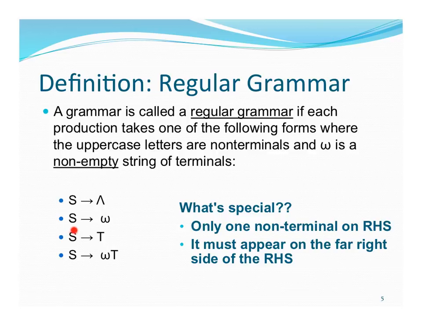We can have a non-terminal going to this omega, some non-empty string. We can also have a production rule that has a non-terminal going to another non-terminal. And we can have a production rule that says we have a non-terminal going to a non-empty string of terminals followed by a non-terminal.